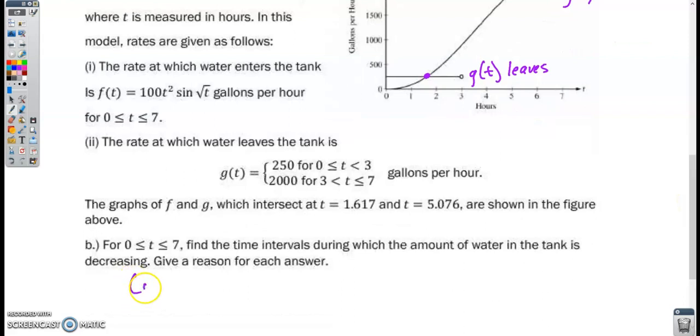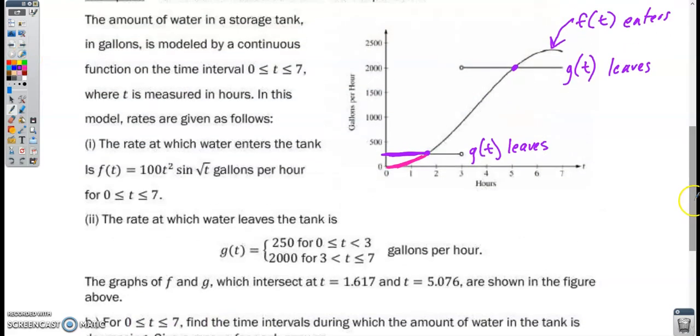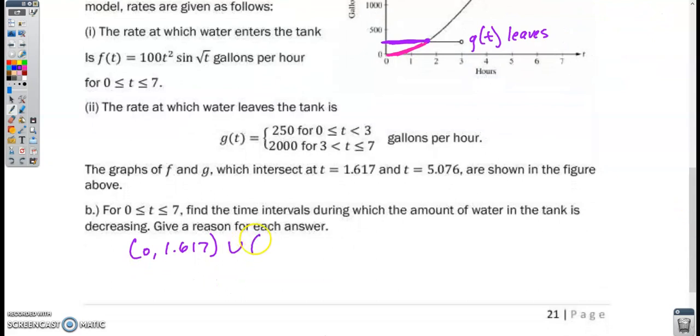So from 0 to 1.617, you see g of t is higher than f of t, and also from 5.076 to 7.